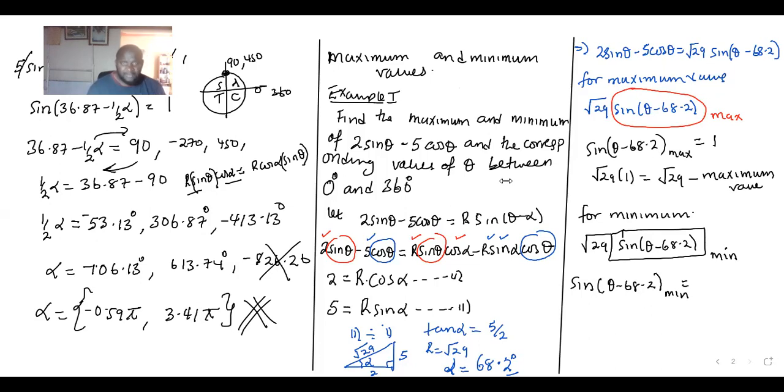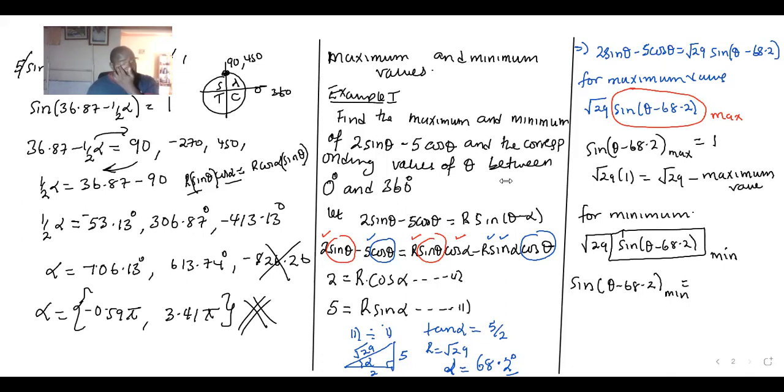Celestine, you have everything. Give us the answer. Am I finishing all the names? Tasnim, Madina. What is the minimum value of sine?